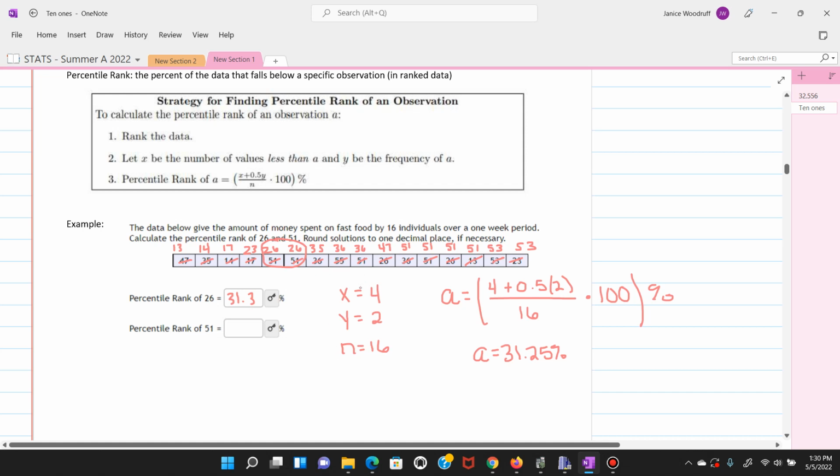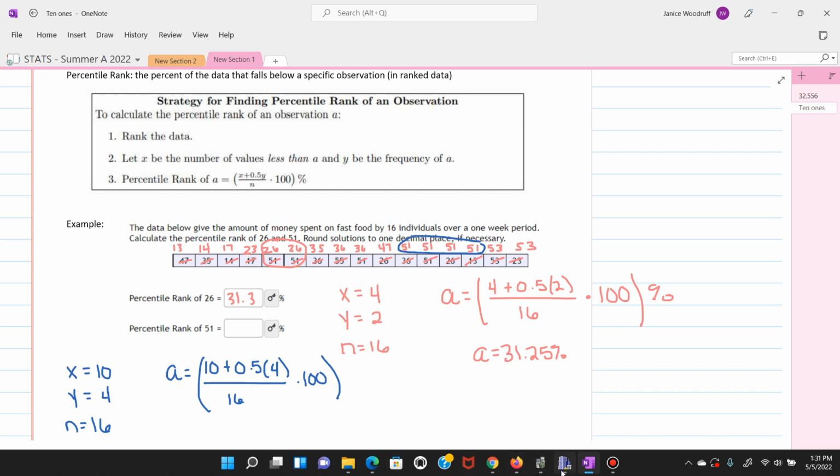Then about 69% of people spent more money than you. Okay, then 51, we'll do the same thing. So for 51, let's see here, how many values are less than that? So here's 51. We've got 1, 2, 3, 4, 5, 6, 7, 8, 9, 10 values less than that, so that's your x. 51 occurs 4 times and n is still 16. So there we're going to go, let's see here, 10, so x plus 0.5 times 4 over 16 times 100.